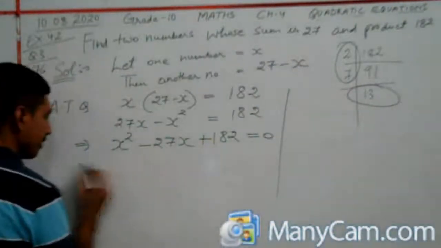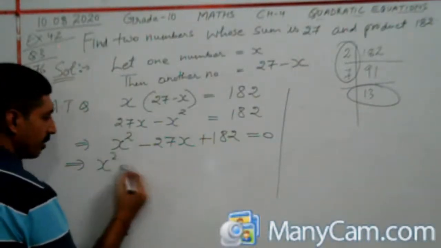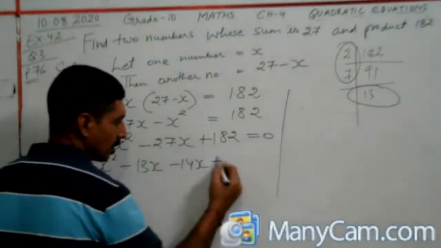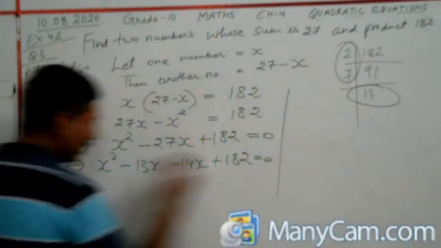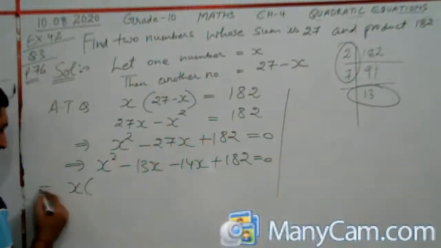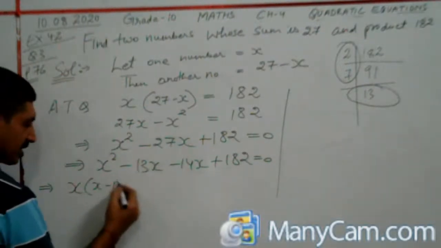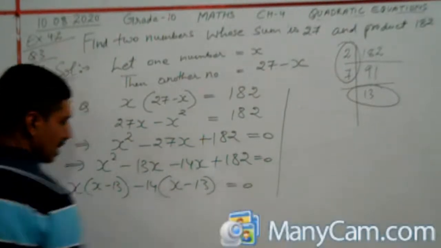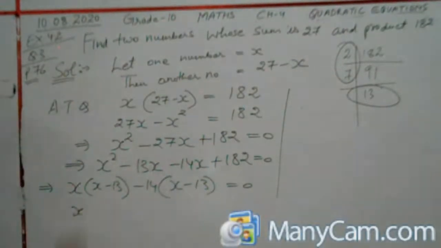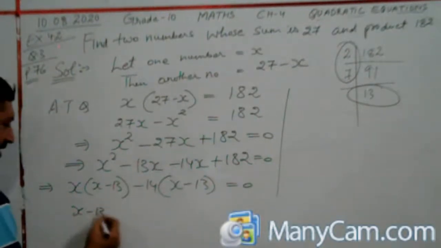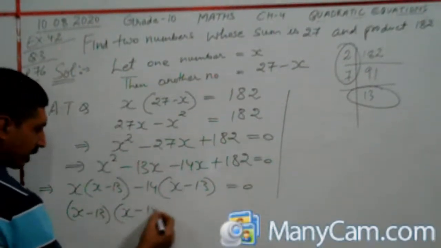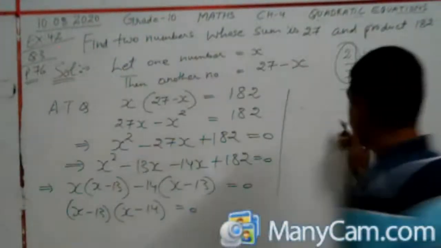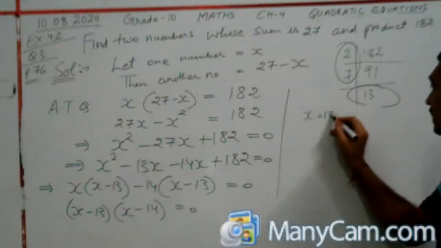Here we have x square minus 13x, you can start with anyone, minus 14x, so x into (x minus 13) minus 14 (x minus 13). So we have (x minus 13) into (x minus 14), and x is equal to 13 or 14.